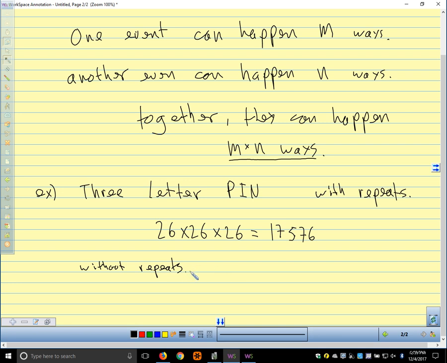Without repeats, 26 times, how many choices do we have for the second? 25, times 24. If we calculate that out, 26 times 25 times 24 comes out to be 15,600. So quite a few less without repeats.